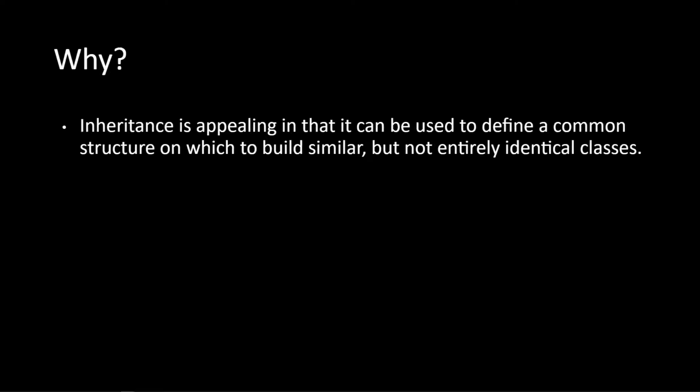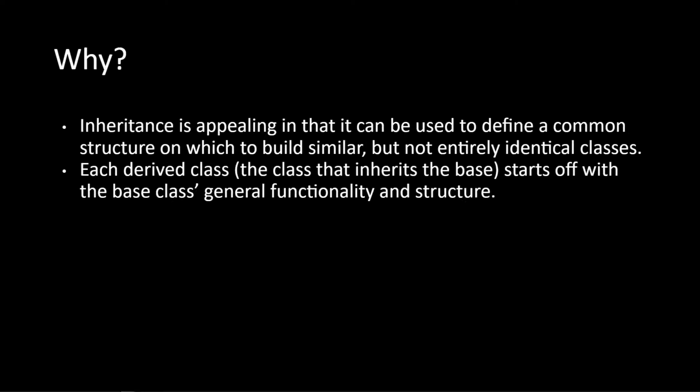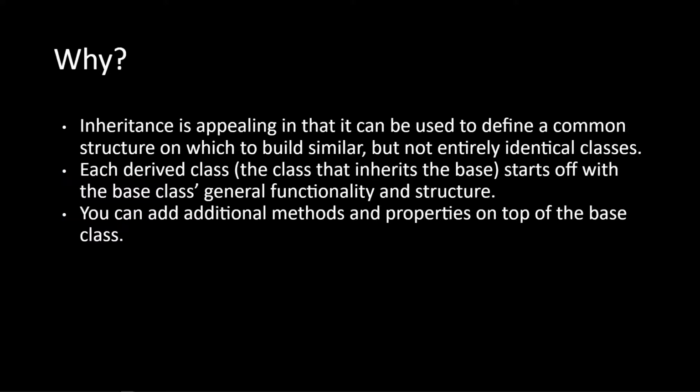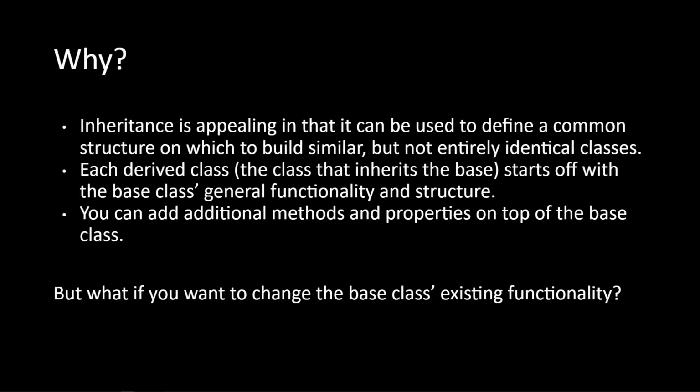Their enemies might be orcs and goblins and trolls and so on. But they all have common things. Like those orcs and goblins and trolls, they all are bipedal humanoid characters. So they might have certain things that they do. So each derived class starts off with the base class's general functionality and structure, and they add methods and properties on top of that base class.